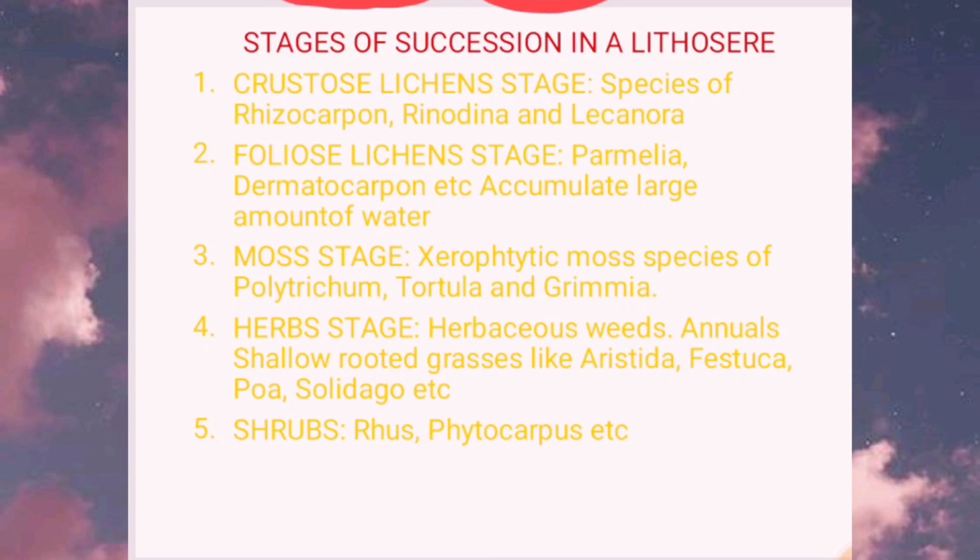Now the conditions are becoming favorable for the foliose lichens, but unfavorable for crustose lichens, because crustose lichens are adapted to live in very extreme conditions. Here the lithosere is not only primary succession.